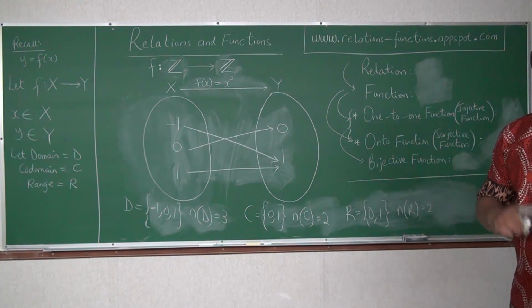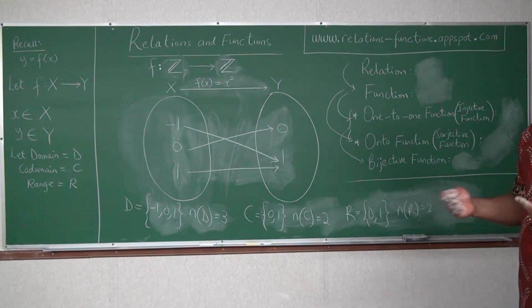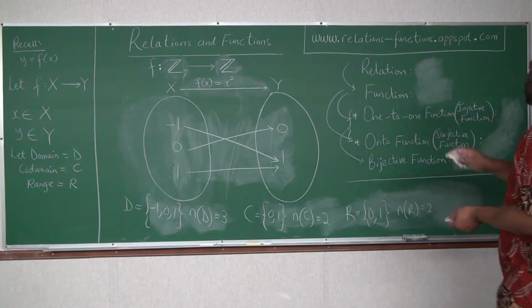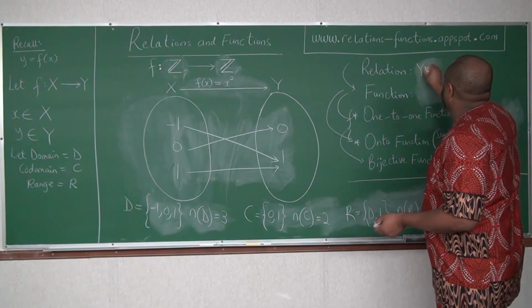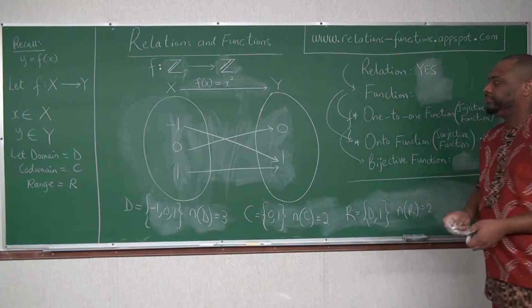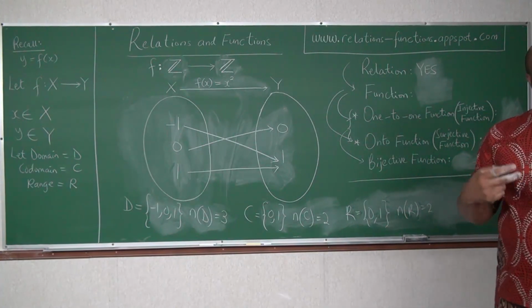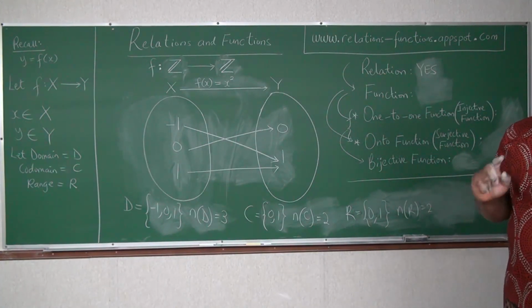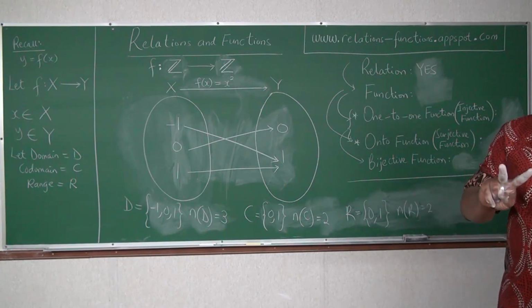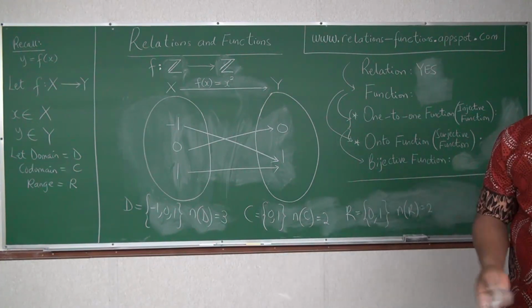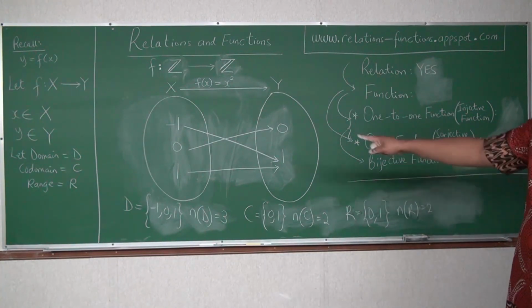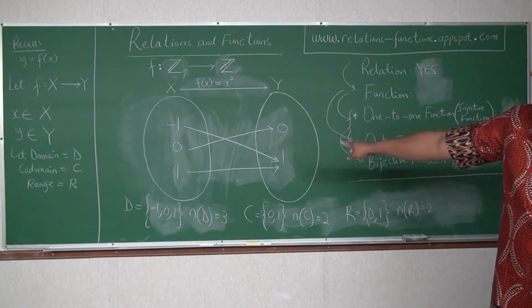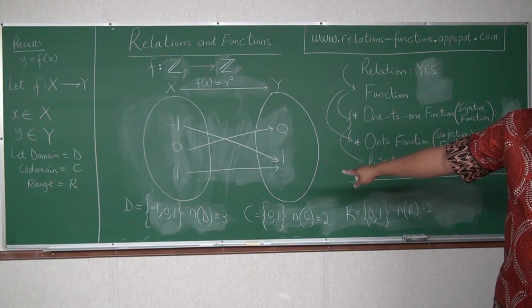So, does every input have an output? Yes. So, it is a relation. With a relation, one input can have more than one output. But here, do we have any input that has more than one output?